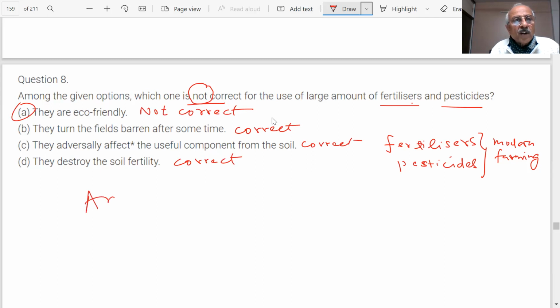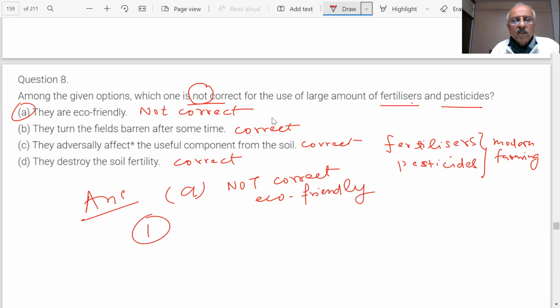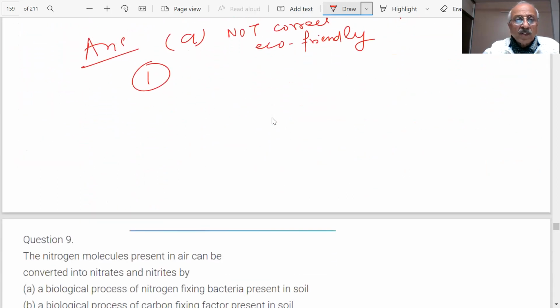So the answer for the given question is, student, choice A. What is not correct? That they are eco-friendly. What do you mean by eco-friendly, students? They are useful for environment. They will maintain the environmental balance which is required.